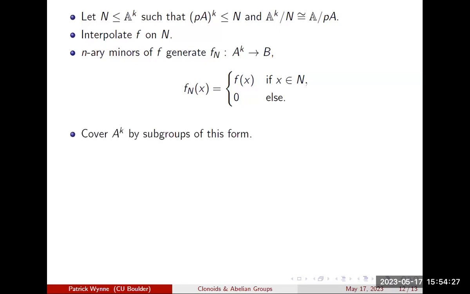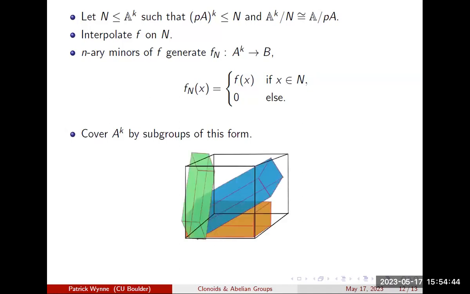And now it turns out we can cover all of A to the power k with such regions, but unlike the case where we just had Z_p, they're going to overlap more than just at the origin. We reduce to the case where f is 0 on the overlap, and so then again we can add these functions together to reconstruct f.